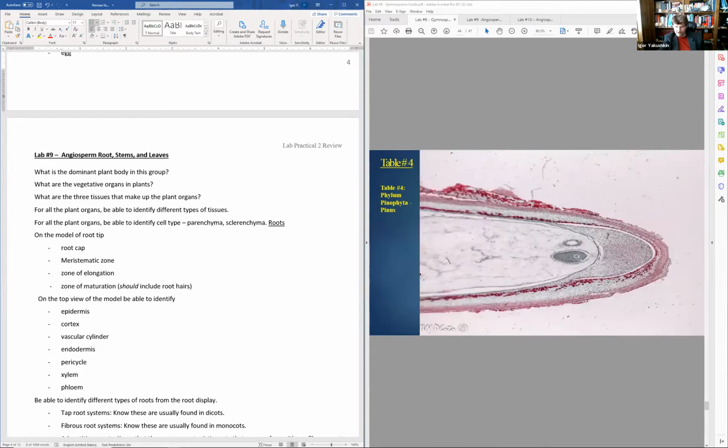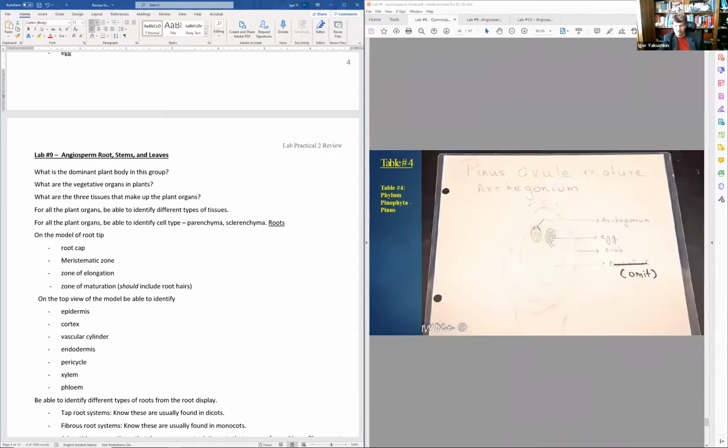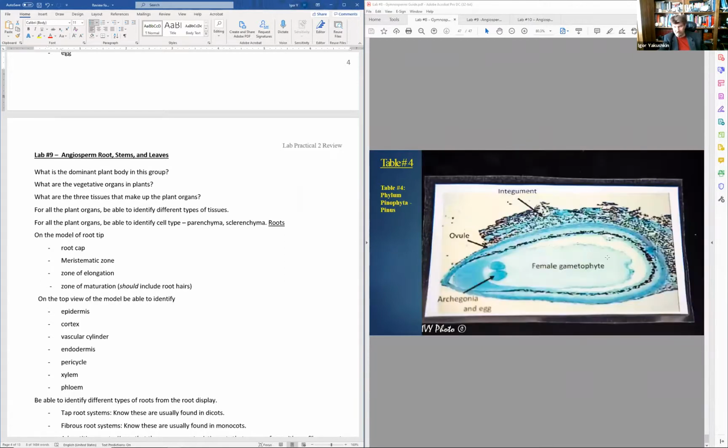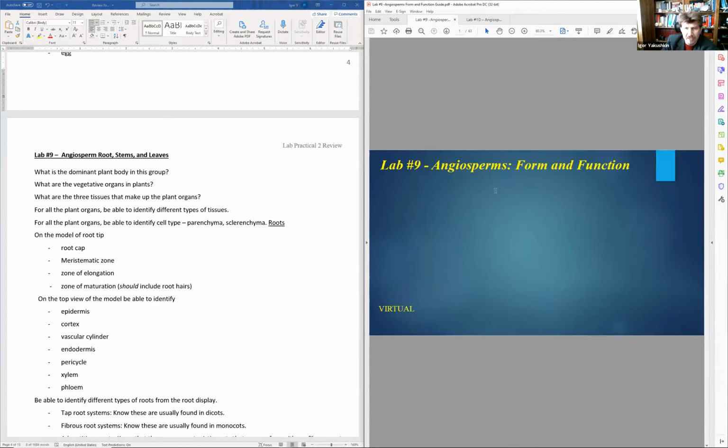So again: egg, archegonium, female gametophyte, and the whole thing is the ovule, and the part known as the integument. The integument produces the cover for the seed. Not the fruit, the cover. And we're done with number 8.